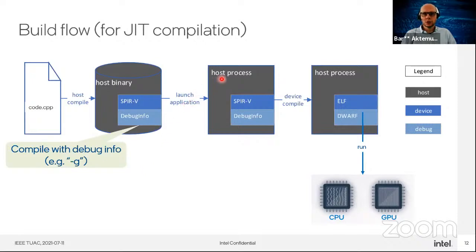This is going to create a host process, and then the host process at execution time is going to extract the intermediate level representation of the kernel, and then give it to a device compiler. And the device compiler compiles the code down to machine code, and it converts it to an ELF DWARF format.